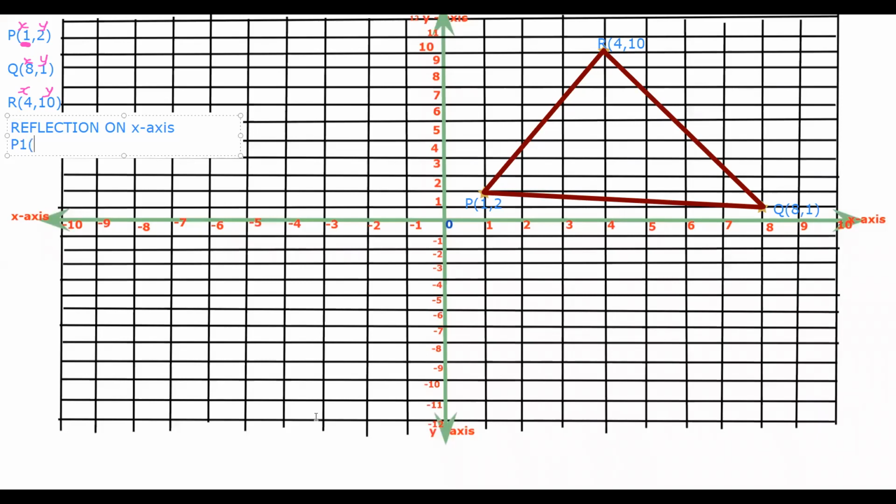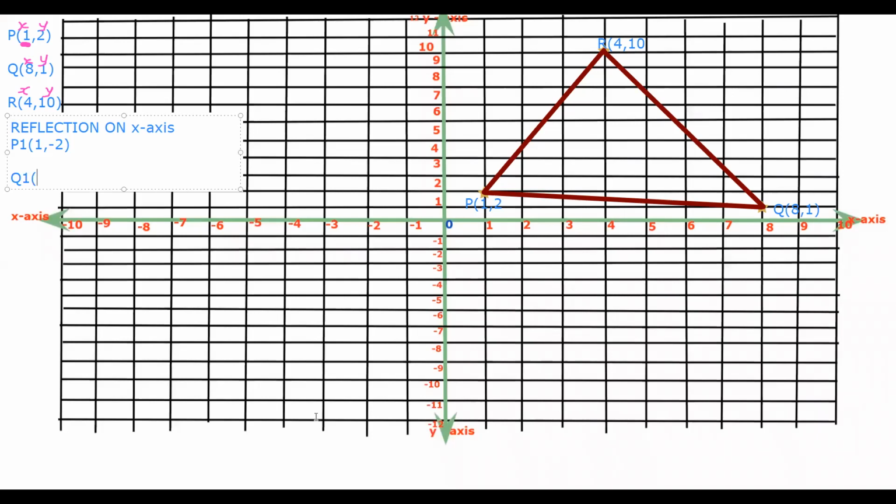You are protecting the X coordinate, so do not touch it. And then the Y coordinate will be negative with what? Negative sign here. So you negate the Y coordinate. So whenever there's a reflection on the X axis, protect all the X coordinates and negate all the Y coordinates. So all the Y coordinates here will suffer with a negative sign. So here will be -2. That will be the new point. Okay. The other point will be Q1.